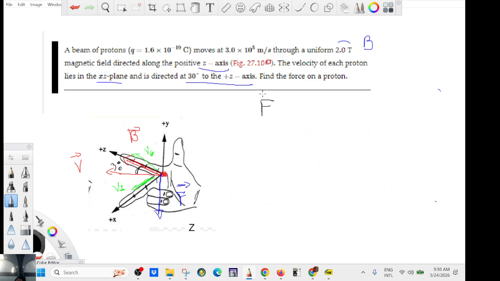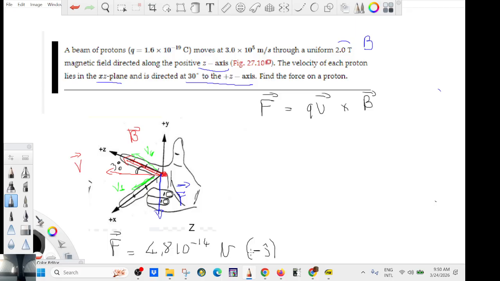So they're going to say, okay, F is Q V cross B. So we're going to do it the calculus way. Oh, by the way, I forgot. Once you have found that the magnitude is 4.8 times 10 to the negative 14 Newton, and you did that with your right hand, so this is minus j hat.